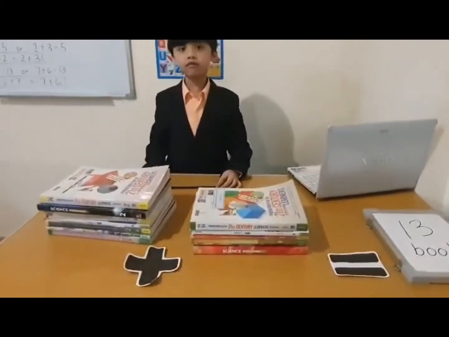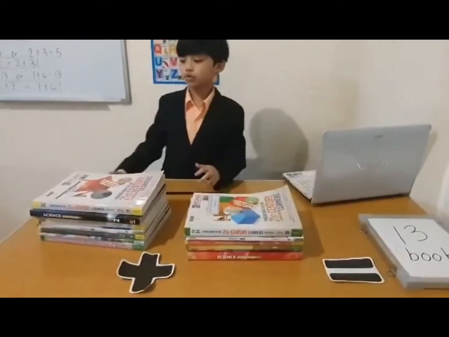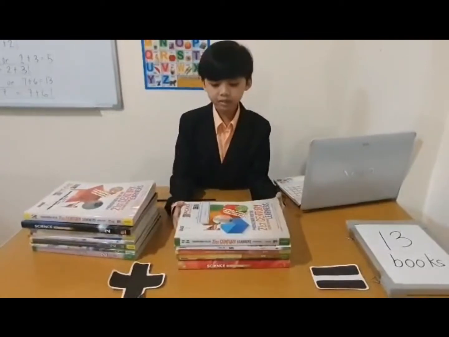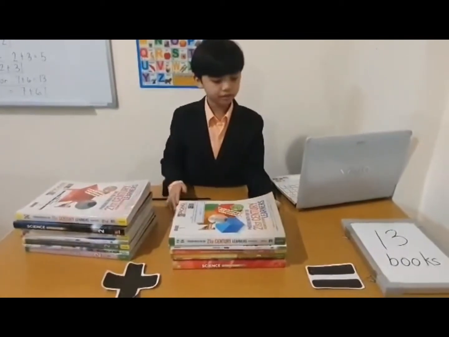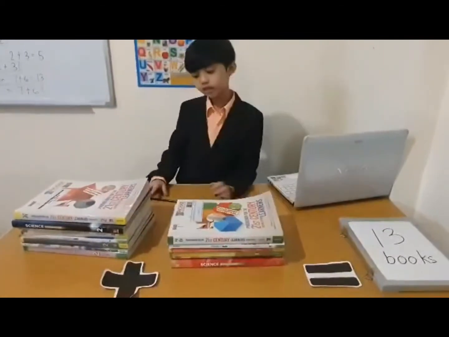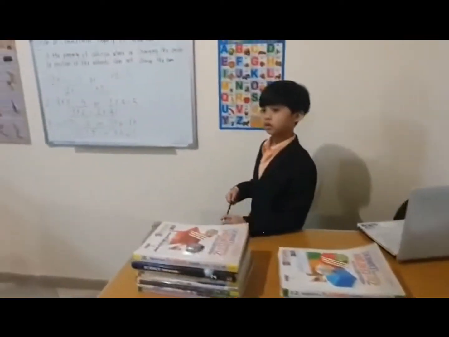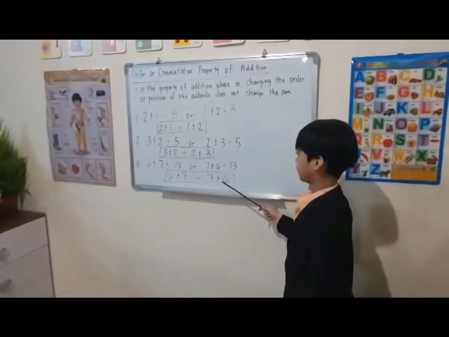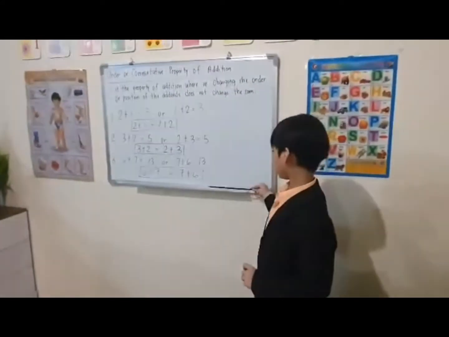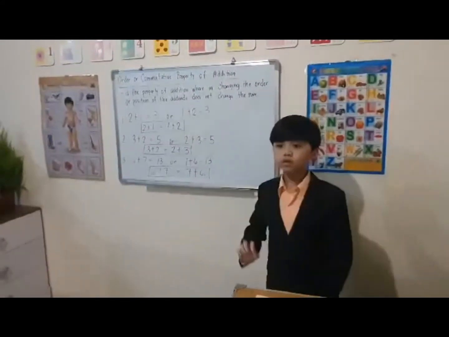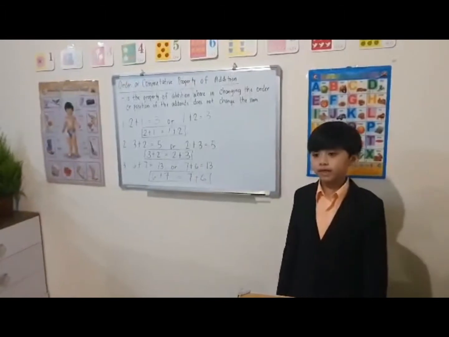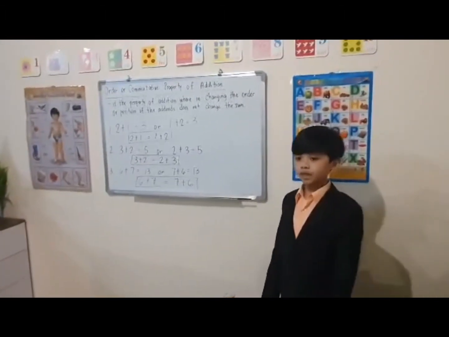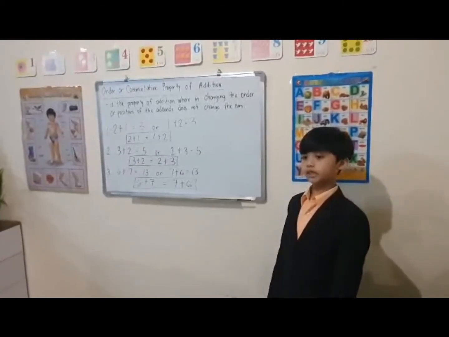If I change the arrangement of these books to 7 grade 2 books plus 6 grade 1 books, the sum will still be 13 books. So, 6 plus 7 equals 7 plus 6. Both of these equations are equal to 13, even if the position of the addends was changed.